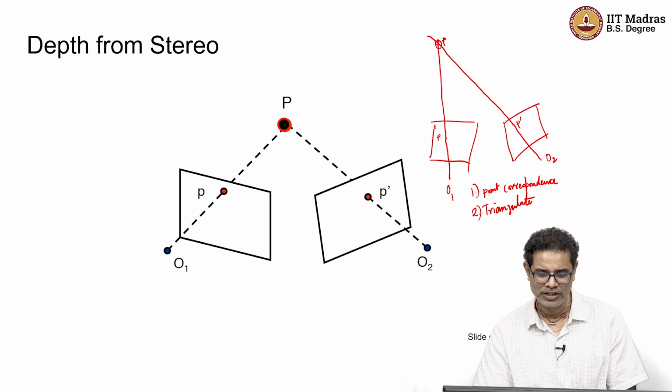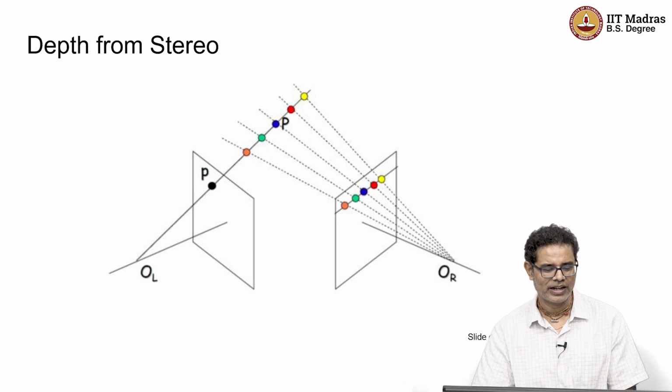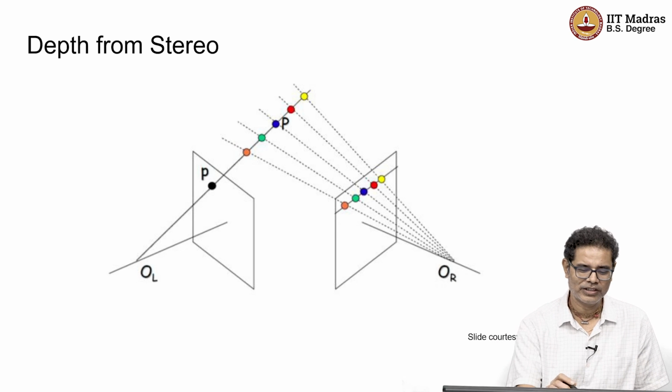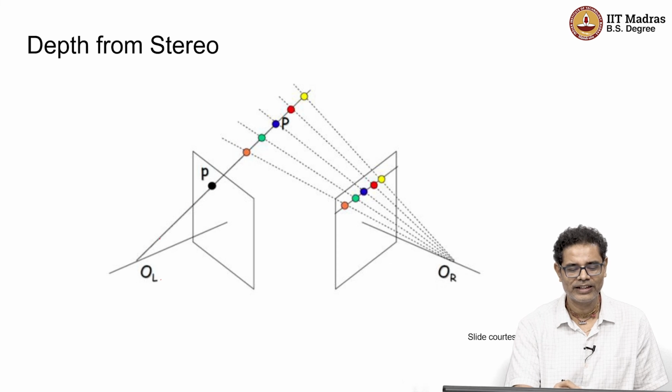So like that we need to solve it, and this is showing another example of it. So let's say it's the same thing. This is the left camera, so this is OL, and this is the point we are interested in, P. Now, if given a single image, all I can say is that the 3D point corresponding to this point P must lie on this line, which is obtained by connecting OL with P. That is all we can say.